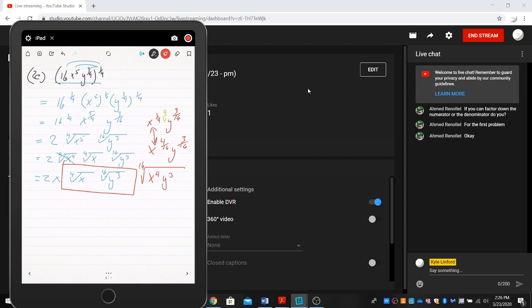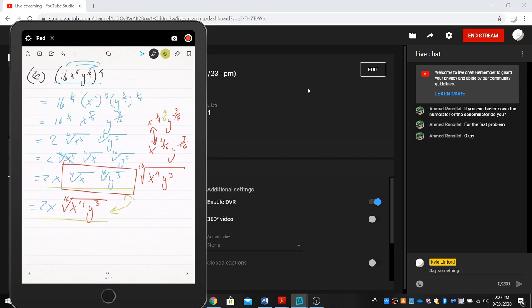So that's what the red box really simplifies to. Let's try to sub that in. We have 2x times the 16th root of x to the 4th, y cubed. These expressions are equivalent to what we had originally.